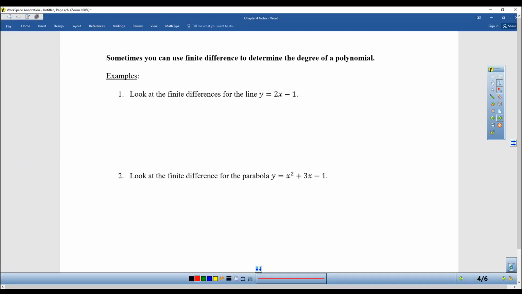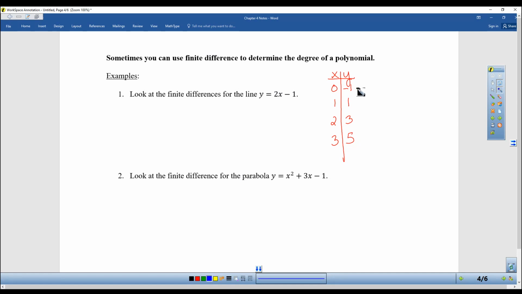So I don't know if you remember this, but we learned earlier in the year about something called finite differences. So what that means is if you're making a table of values, and I let x be 0, 1, 2, 3, and then I find y is -1, 1, 3, 5.